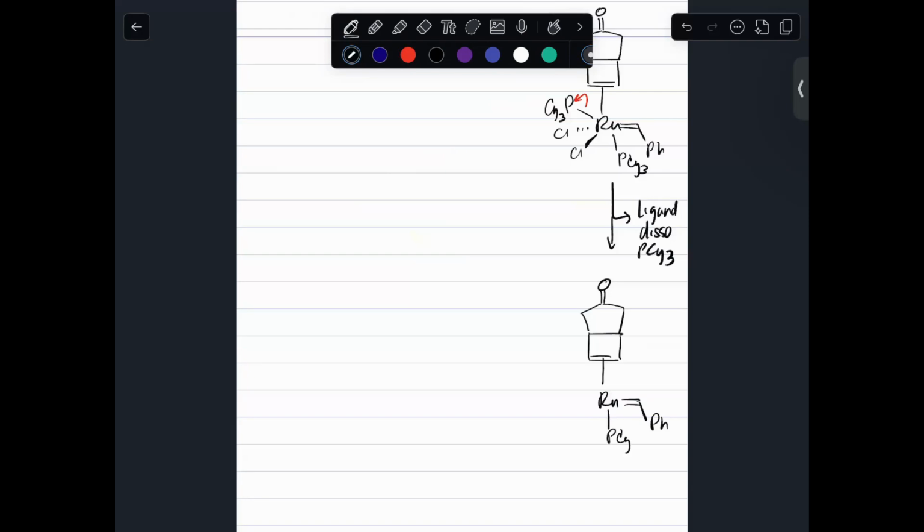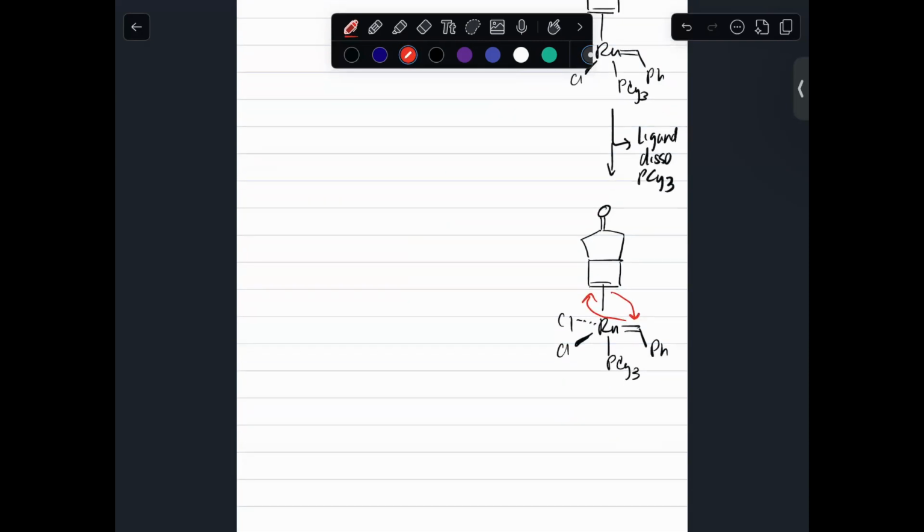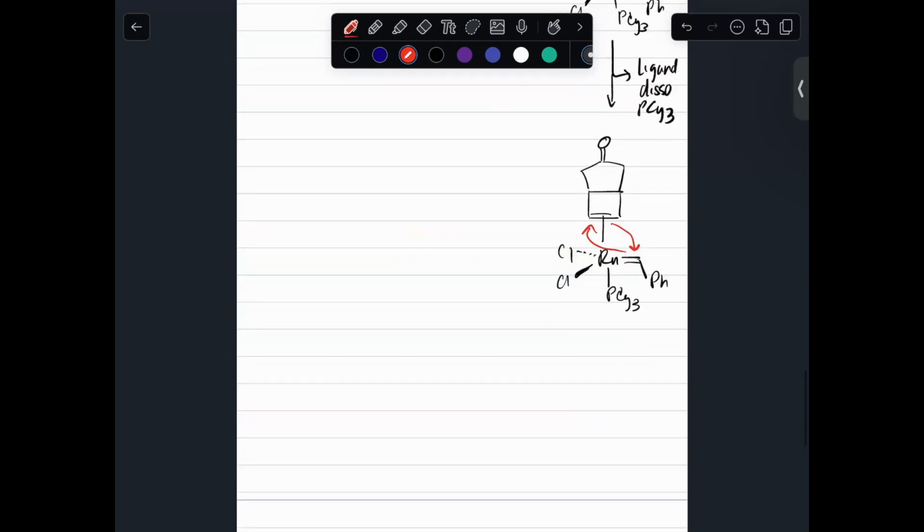Just like before, we do a pseudo-migratory insertion. Again, because we're coming from a four-membered ring and we're forming a four-membered ring, it's going to look a little intimidating and overwhelming, right? We're forming a four-membered ring metallocycle. Pseudo-migratory insertion.